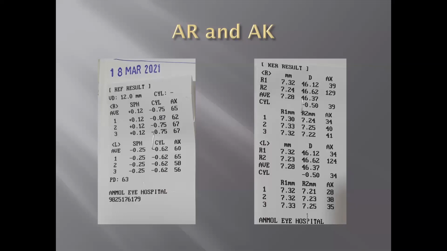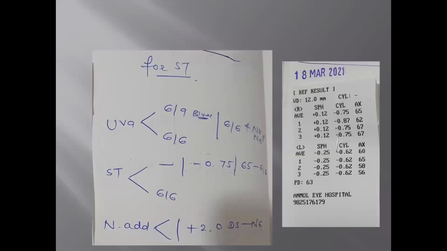So you just put a stenopic slit to decide the patient's final visual axis, and on rotating the axis the patient will give you an idea that one axis is perfectly in focus and that will be corrected, and that is the axis of your minor cylinder. In this patient, the patient finally accepted minus 0.75 diopter cylinder at 65 degrees, and that axis is matching with the refraction on autoref, and that is your final refraction for distance.